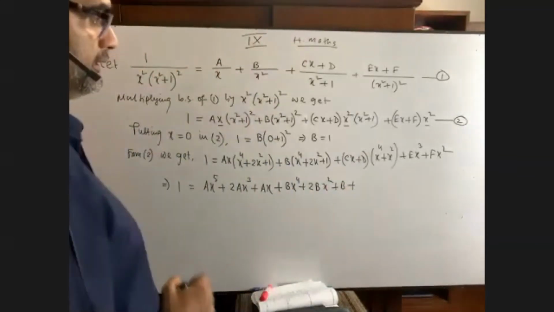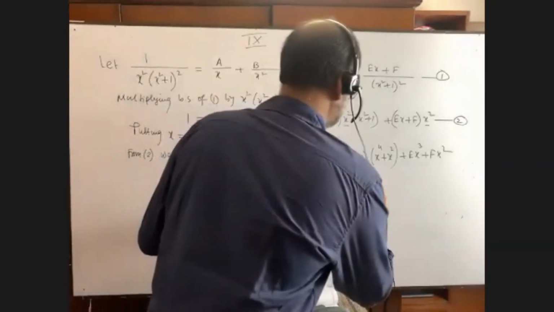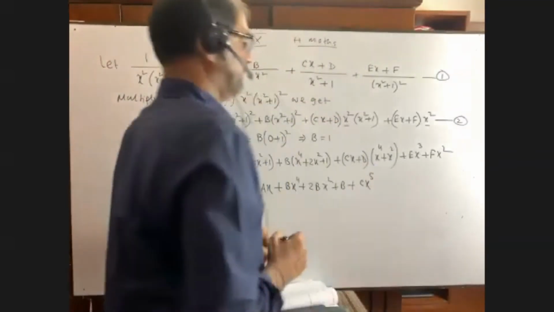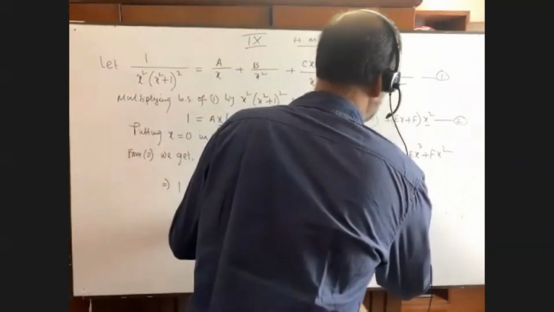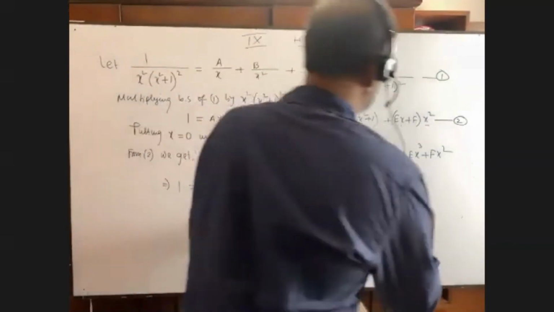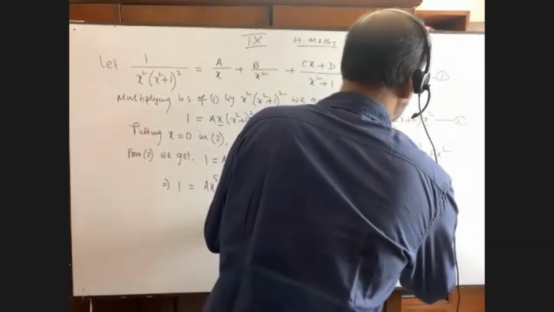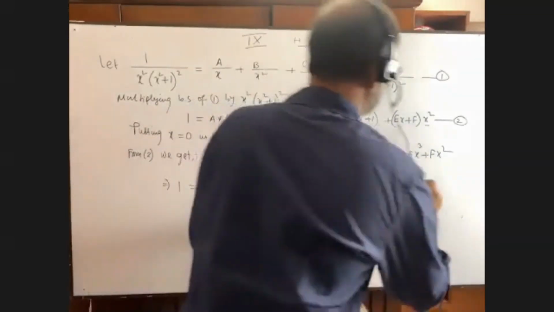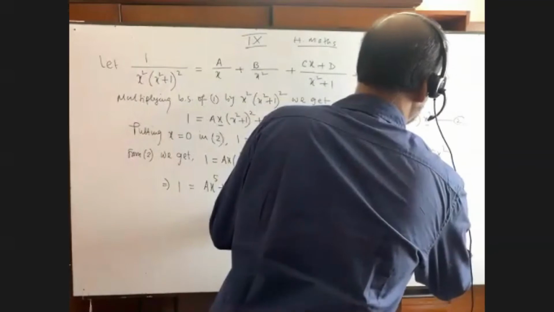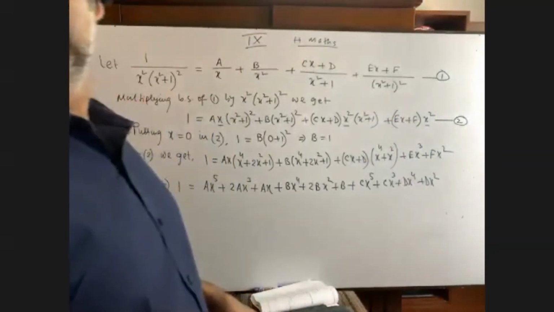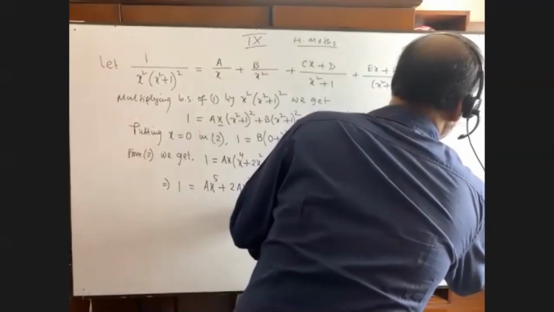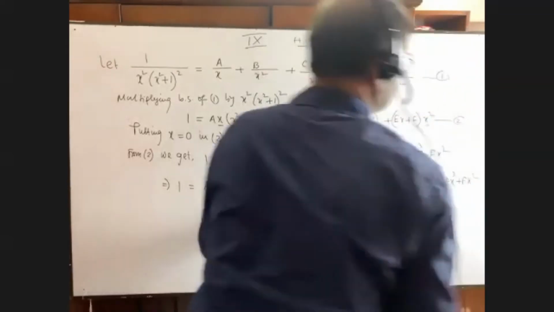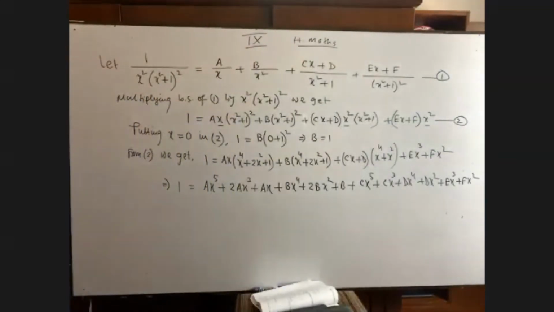And here we get cx to the power 5 plus cx cube plus dx to the power 4 plus dx square plus ex cube plus fx square. Okay, can you see the board?